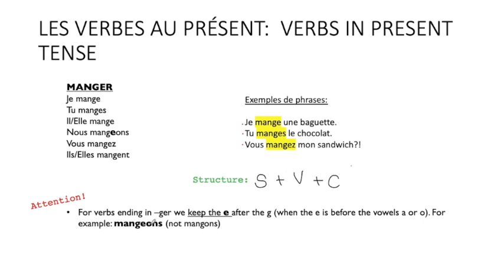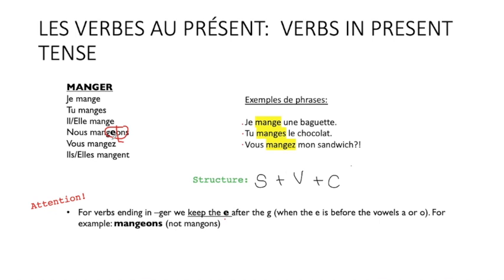So, attention, for verbs ending in GER, we keep the E after the G when the E is before the vowels A or O. So the rule is kind of similar as the one before, but here you have to keep the E before the O because it's to keep the soft sound. If you don't put the E there and it's just mangons, it becomes mangong. So nanti sebutan dia jadi lain. So you kena letak alphabet E, okay?